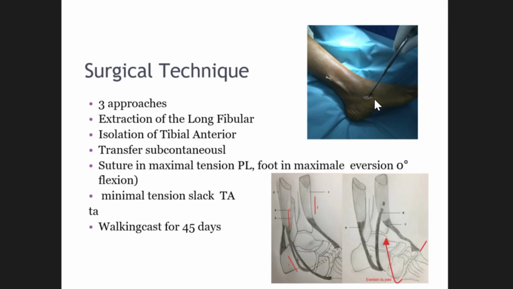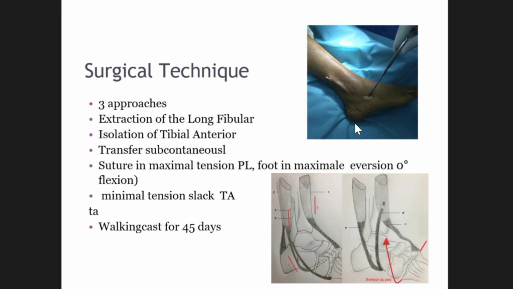So the surgical technique is very simple. We have three approaches. A small incision to isolate the peroneus longus, lateral distal and lateral proximal, to make the tenotomy of the peroneus longus.